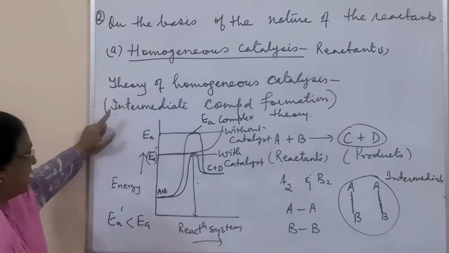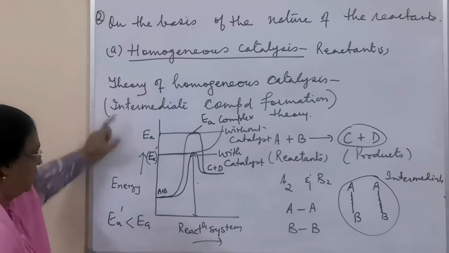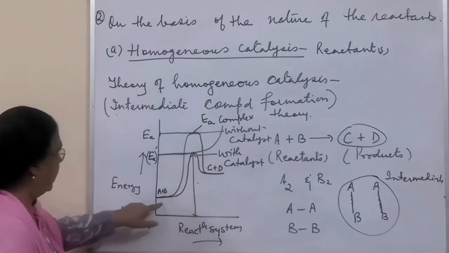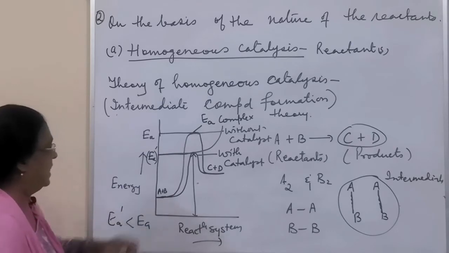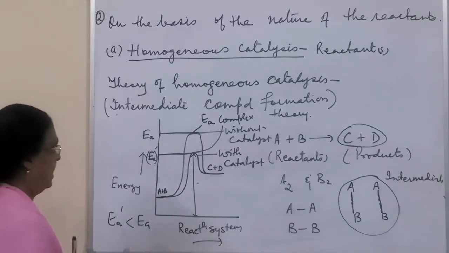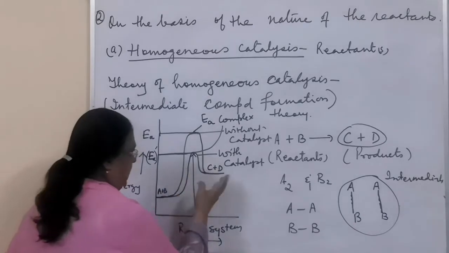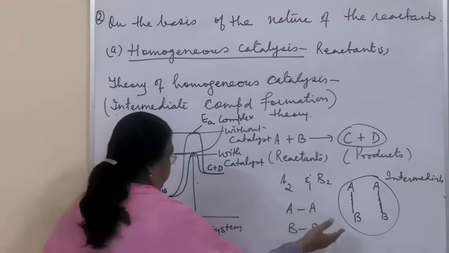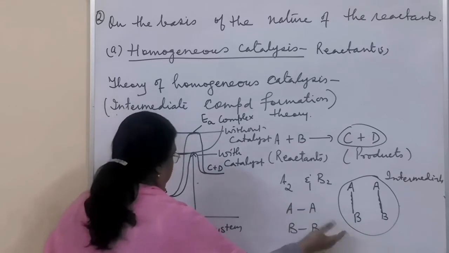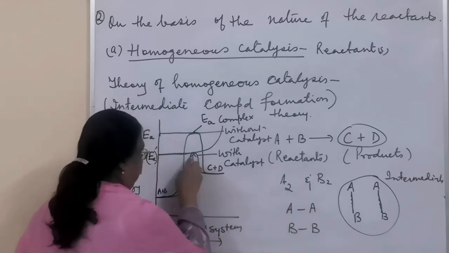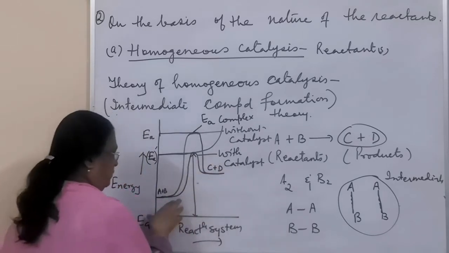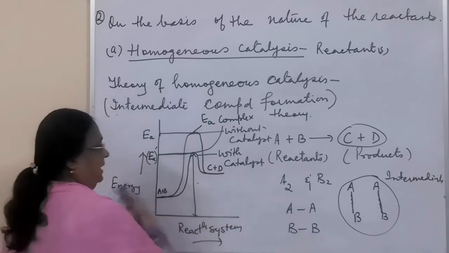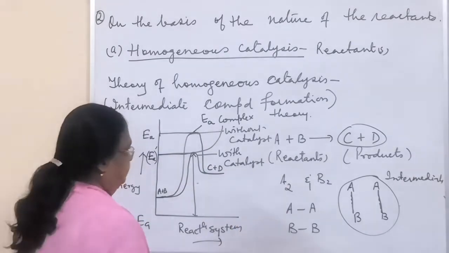What the catalyst is doing is providing a new path which has low activation energy, and that is why the rate of the reaction is increased. In lesser time the reaction is getting over and the product is formed. This takes place on the surface of the catalyst, and once the product is formed, the catalyst is regenerated.